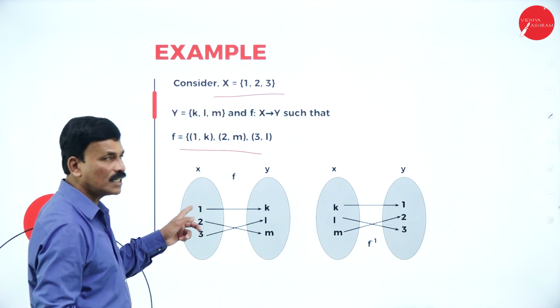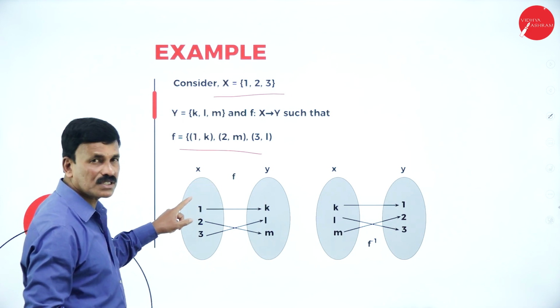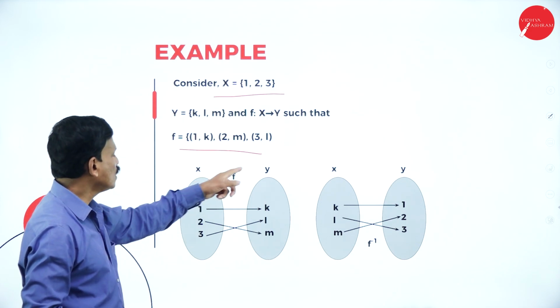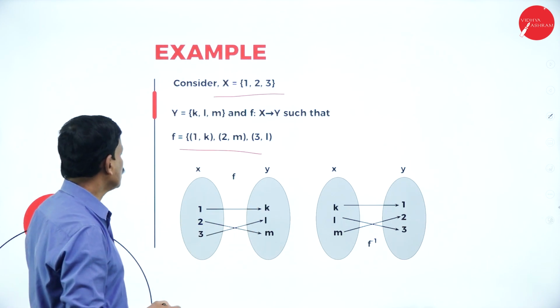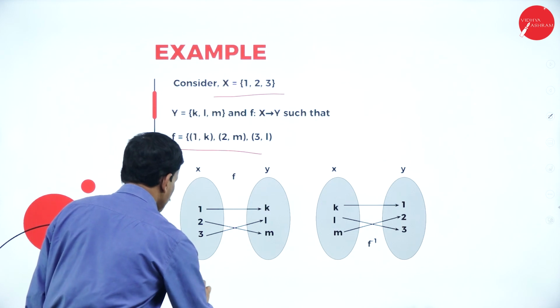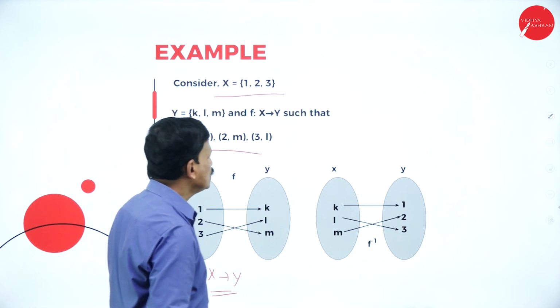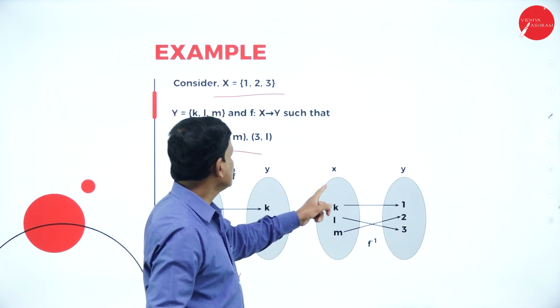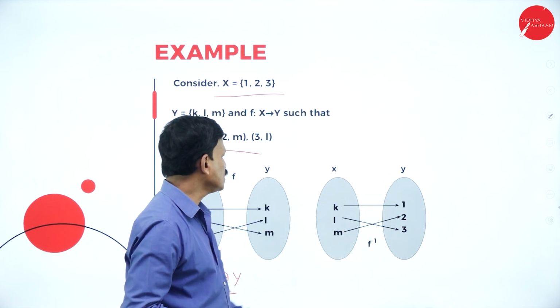So let us represent this in a diagram. X and Y, the elements of X are 1, 2, 3 and k, l, m are the elements of the set Y. Here f from X to Y is a function. And now let us come to the inverse function. Now X contains k, l, m and Y contains 1, 2, 3.